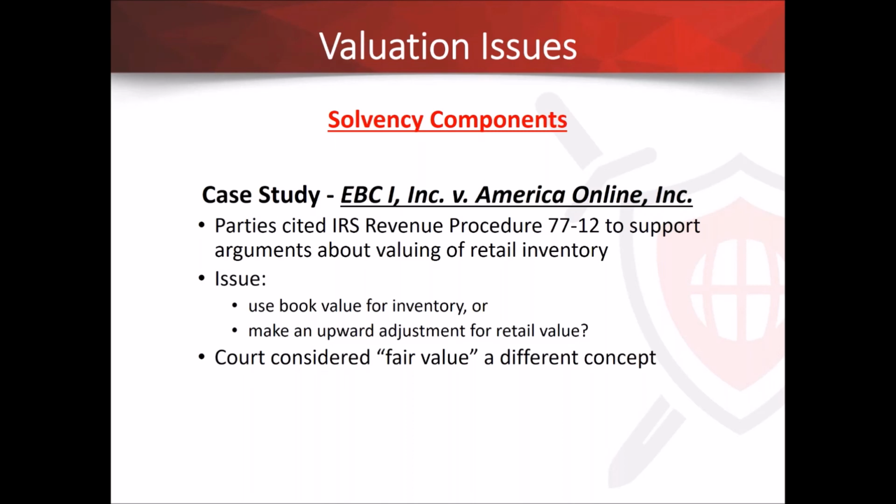One party says it's book value. The other party says we had intended to sell it at retail value, so we should value it at retail value. And what the court says is that fair value is a different concept than other accounting concepts when you're looking at it in the legal context.